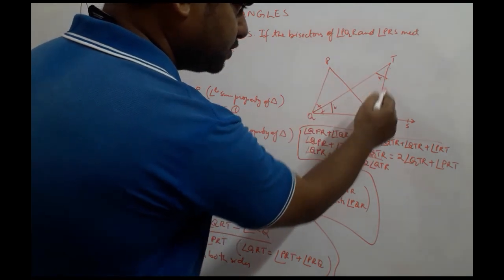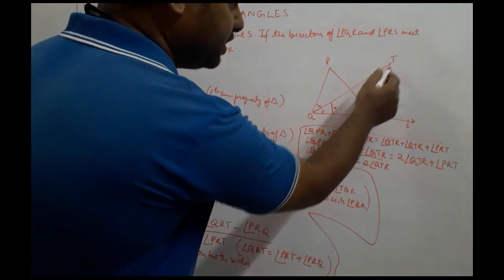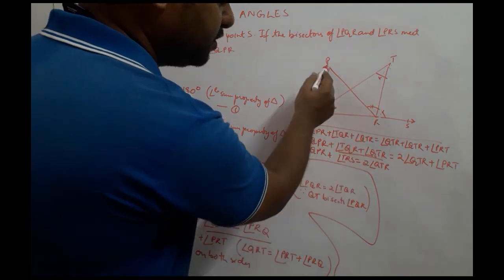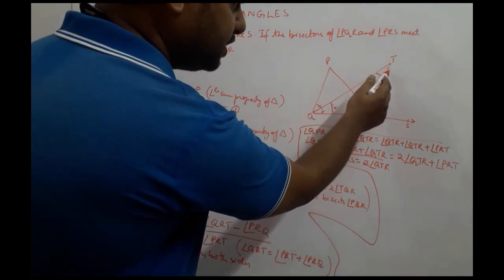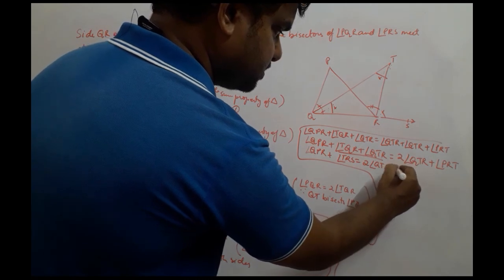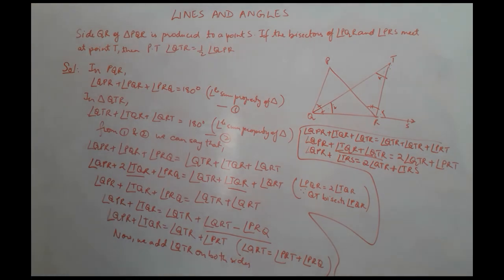And we can write angle PRT equal to TRS. Why? Because RT is the angle bisector of PRS. So instead of writing PRT, I'm going to write this as TRS. Got it?